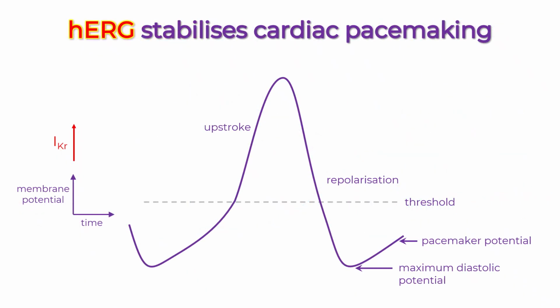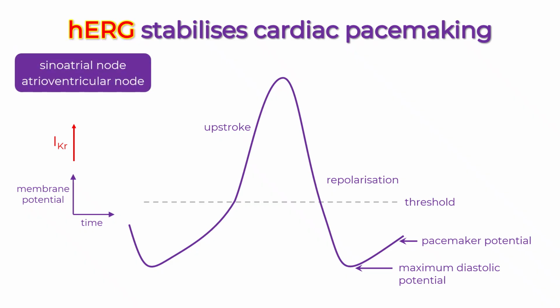hERG also matters in the sinoatrial and atrioventricular nodes. These cells generate or relay rhythmic activity and rely heavily on IKr to complete repolarisation. As in ventricular muscle, hERG channels activate during depolarisation but quickly inactivate and contribute a small current. They recover from inactivation during repolarisation and supply the outward current that helps reset the membrane before the next cycle.